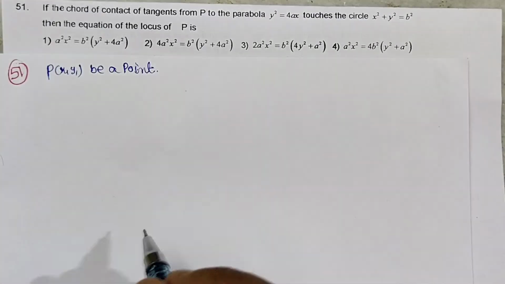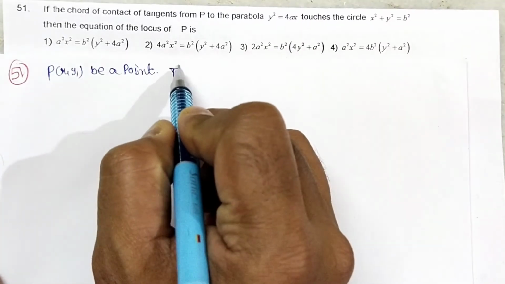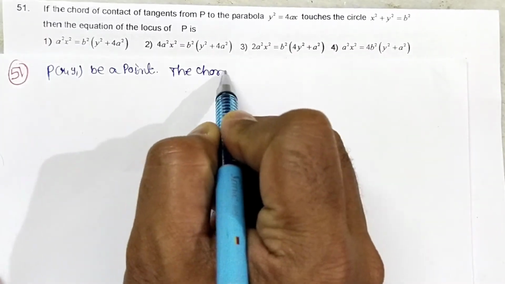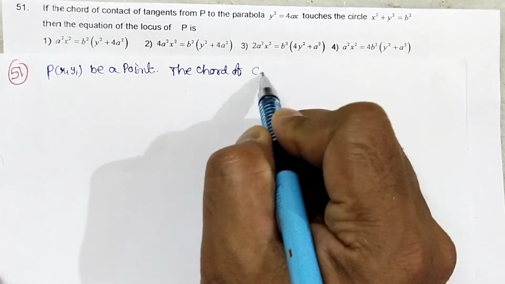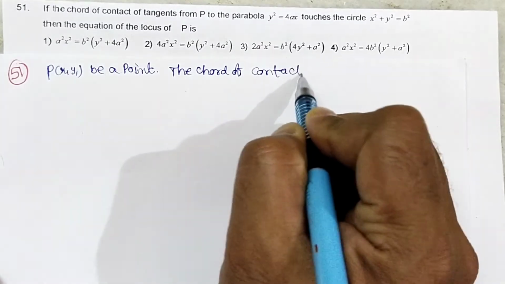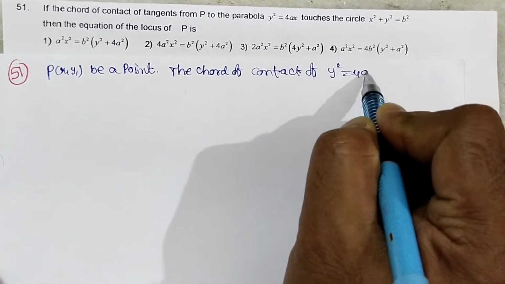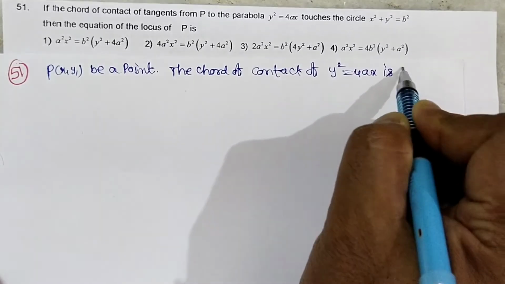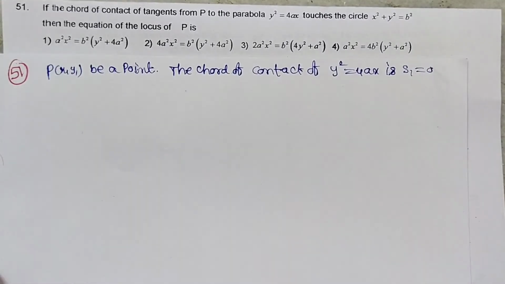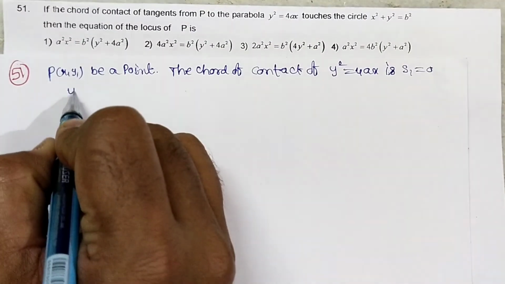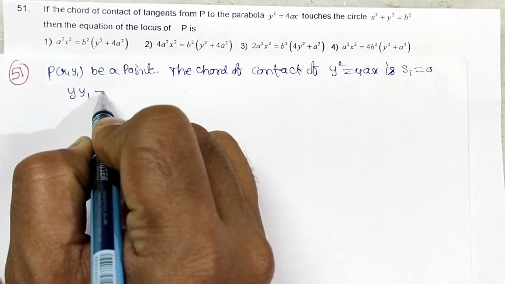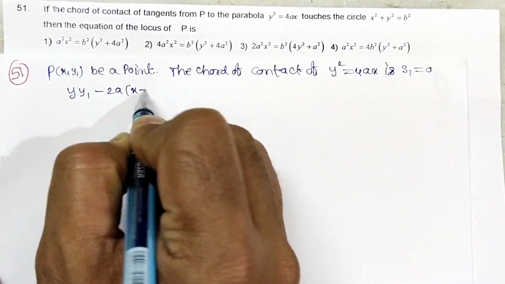The chord of contact of y square equal to 4ax is S1 equal to 0. S1 equal to 0 means y1 minus 2a into x plus x1 equal to 0.